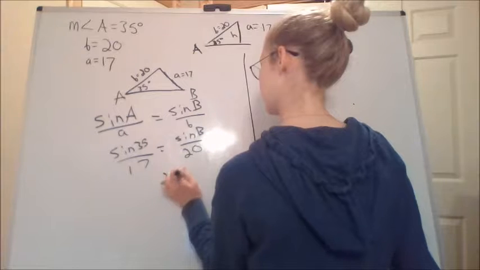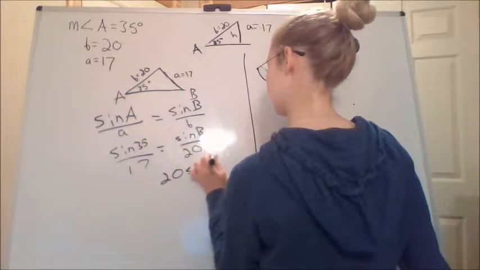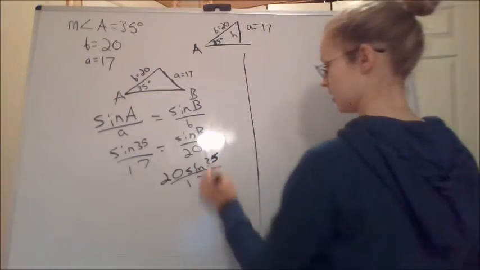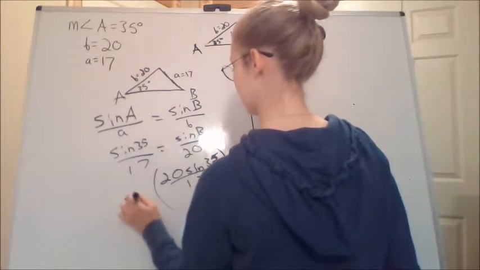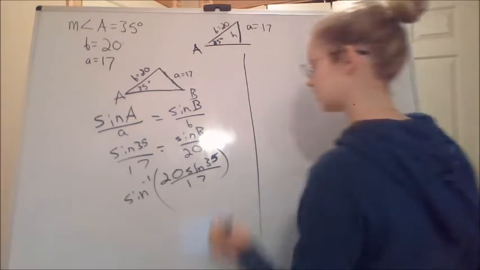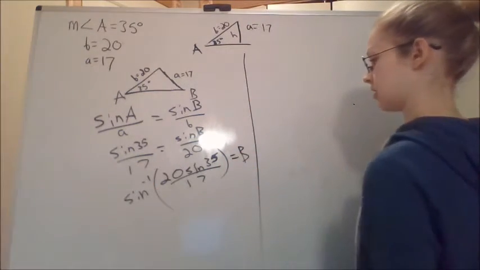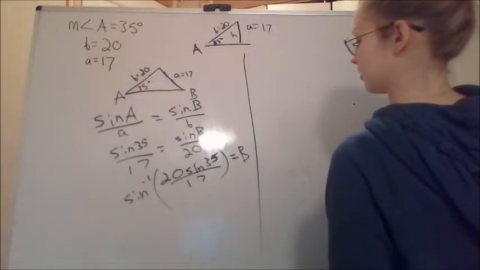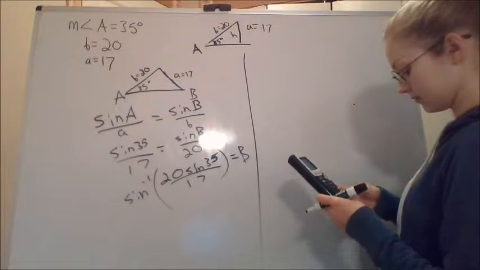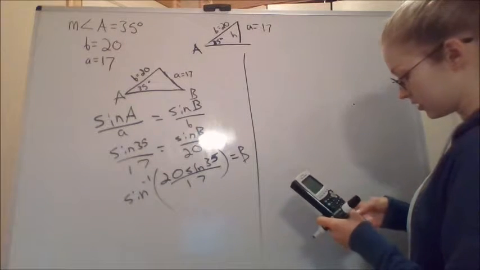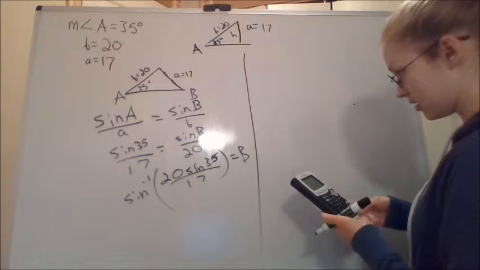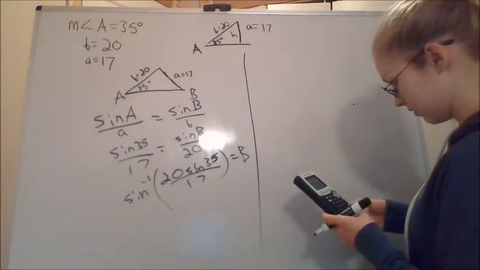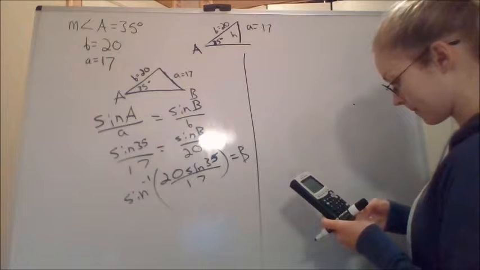So let's do some calculator magic after we rearrange this. So 20 sine of 35 divided by 17. Make this a little bit neater. And then we're going to take the inverse sine of that, and that's going to give us B, just isolating the variable there. So we're going to take our calculator and go inverse sine of 20 sine 35 divided by 17.